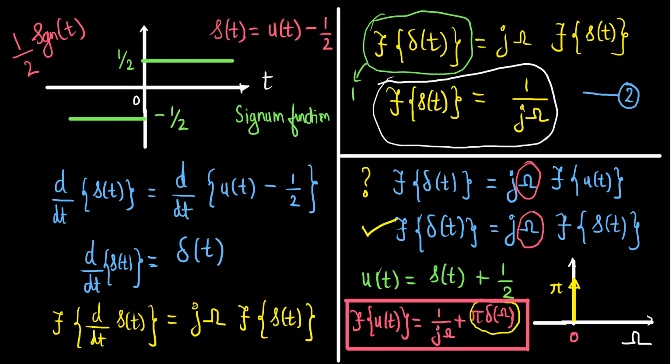Therefore, no such additional factor is required for the Signum function, whereas it is required for the unit step function. In order to obtain that additional factor, we analyzed both of these equations at omega equals 0, and we applied the linearity property of Fourier transform to obtain this factor, pi times delta of omega.